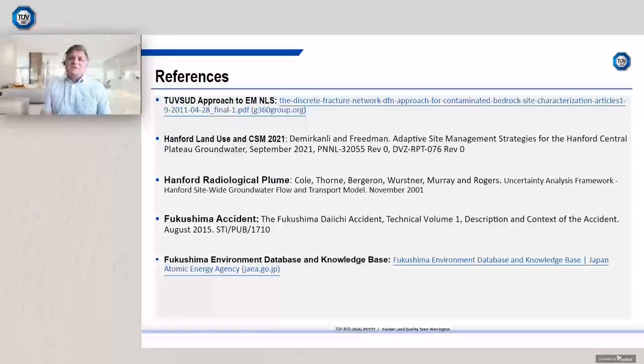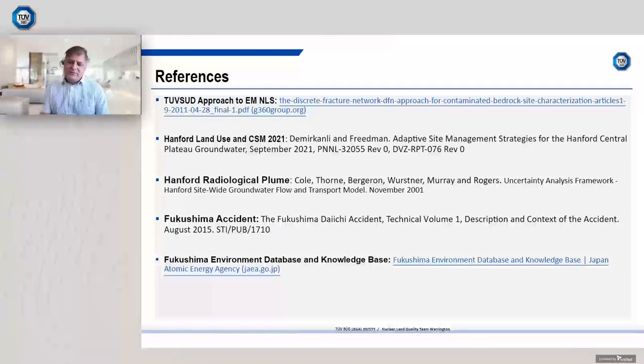To prepare this presentation, these are the references I used. I would recommend in particular reading the Fukushima accident technical volume, the description and context of the accident. It's quite a useful reference, and also go through, if you can, the Fukushima database as well as the Hanford database. And I must point out this particular publication by Beth Parker and John Cherry on the discrete fracture network.